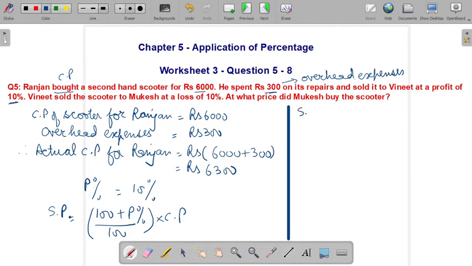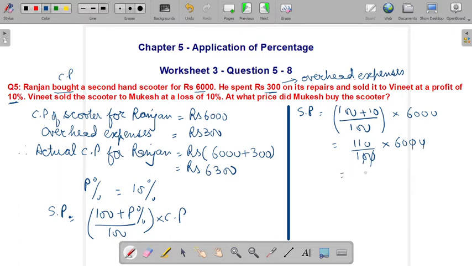So selling price would be 100 plus 10 upon 100 multiply 6,000. So this is 110 upon 100 multiply 6,000. Now cancel it. So you will be getting 6,600 as selling price.